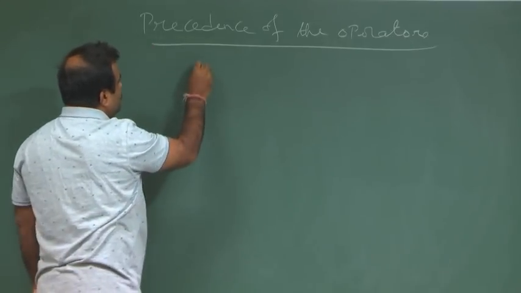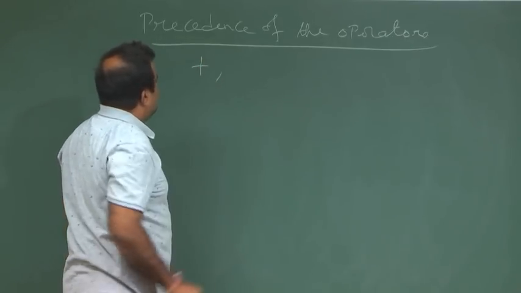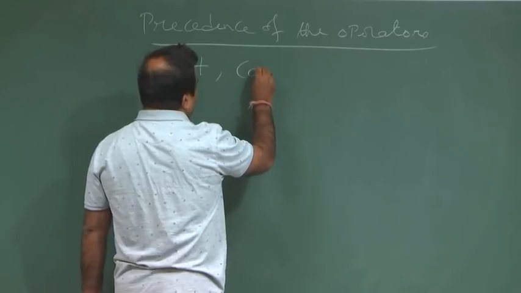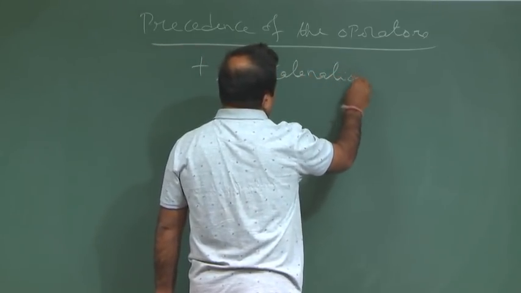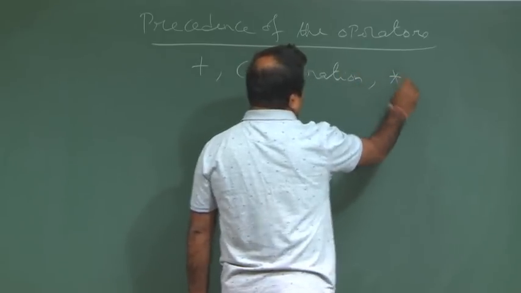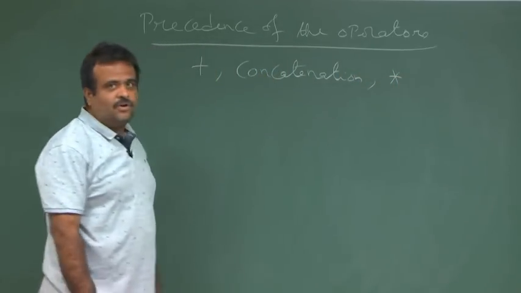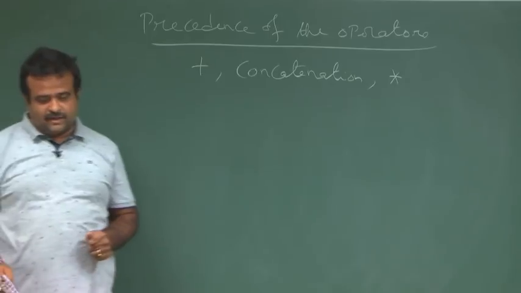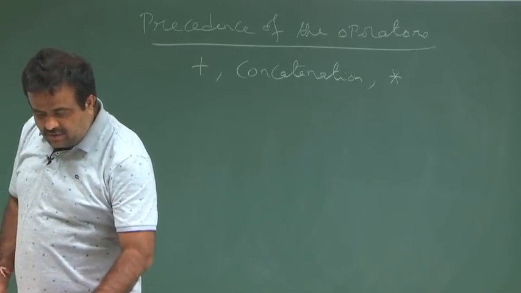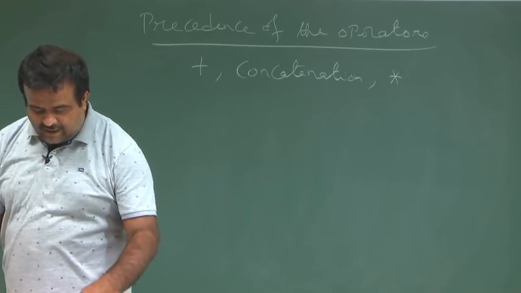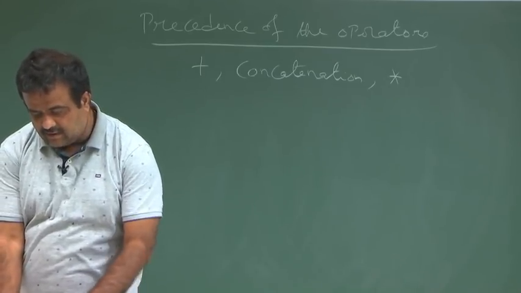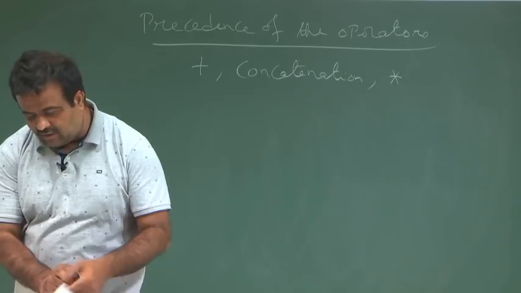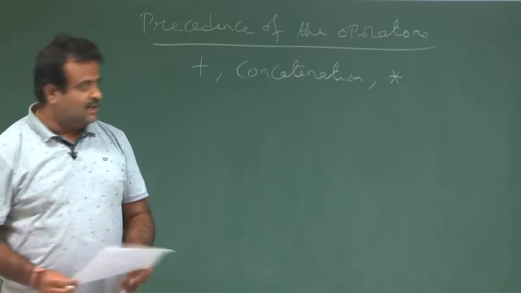Operators means we have three operators: plus, concatenation and star. These are the three operators we are using to define the regular expression. Now, among these, star has higher precedence than the concatenation, than the plus.